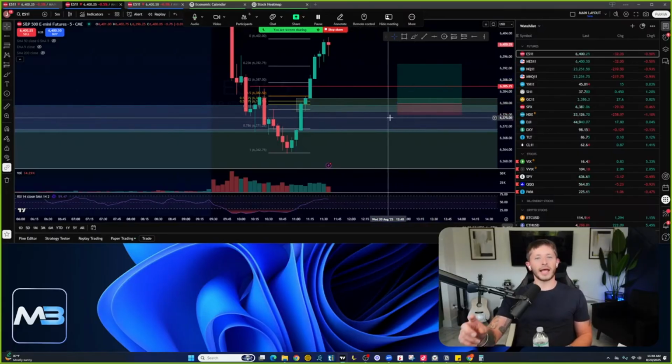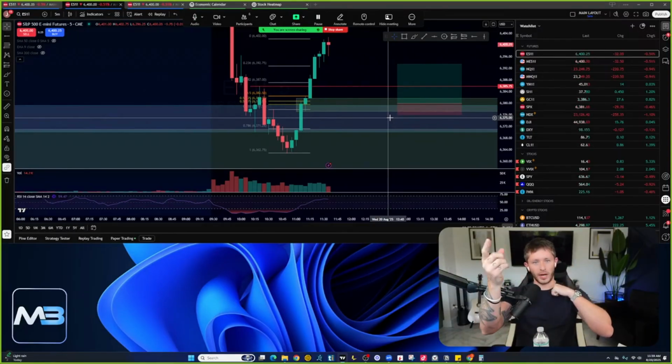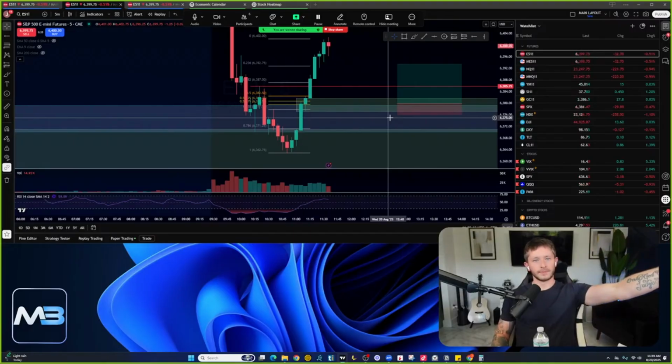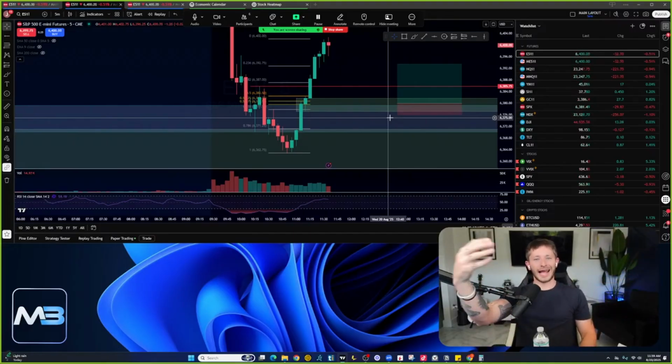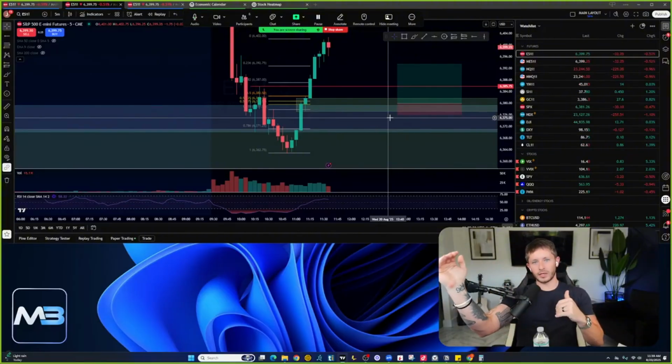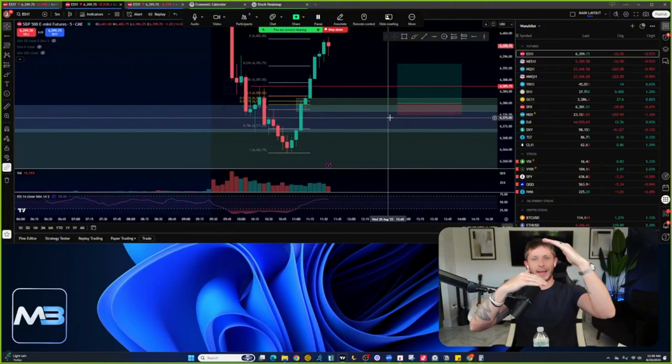Then I say, how many contracts can I take with 4 points of risk to not lose more than X amount of dollars? Could be 1 contract, could be 2 contracts. That'll always change how you get positioned. What never changes is how much you actually lose on the trade. As far as how many contracts I can take with 4 points of risk, how much will I lose, and is that within my risk parameters?